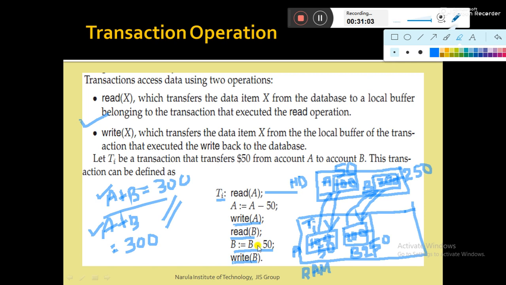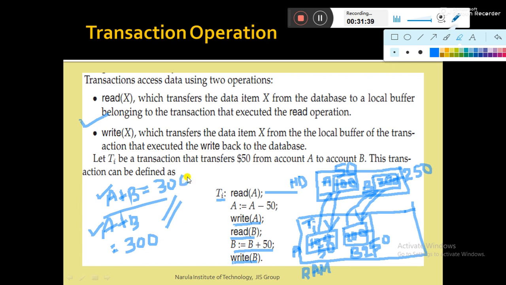If instead of B equal to B plus 50, someone writes B equal to B minus 50, what happens? It will become 200 minus 50, which is 150. So once the transaction Ti completes its execution, what will be the value of A plus B? The value of A is 50 and the value of B is 150. So 50 plus 150 becomes 250.